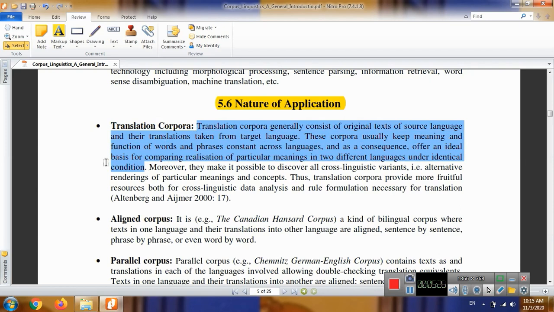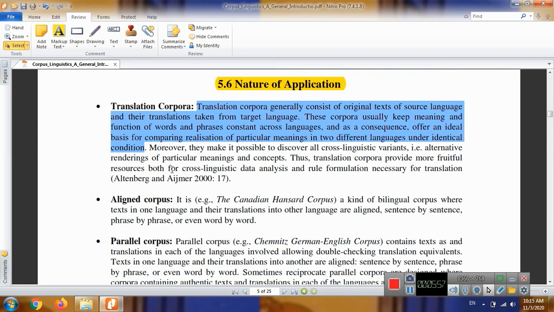I repeat it again: translation corpora consist of original texts of the source language and their translations taken from the target language. These corpora usually keep the meaning and function of words and phrases constant across languages, and as a consequence offer an ideal basis for comparing realization of particular meaning in two different languages under identical conditions.